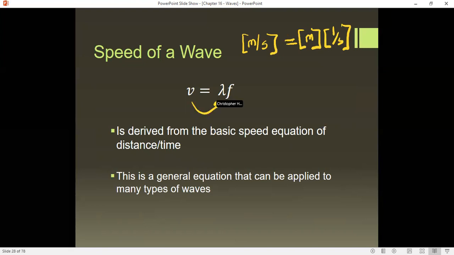Now, it's important to understand that for any wave, the velocity of the wave is related to the properties of the medium. It is really the properties of the medium that govern velocity.